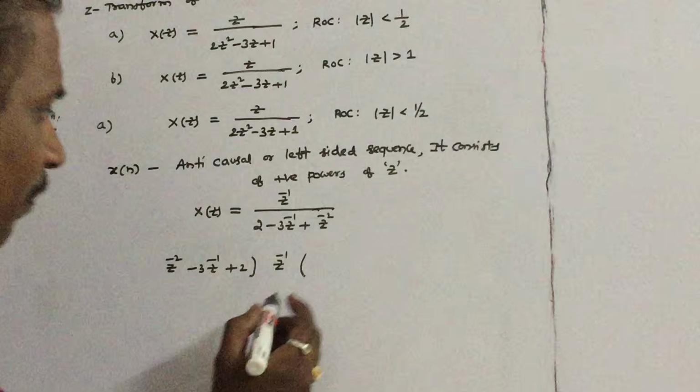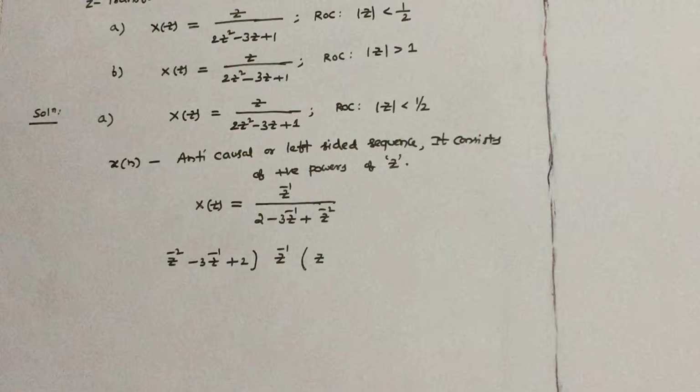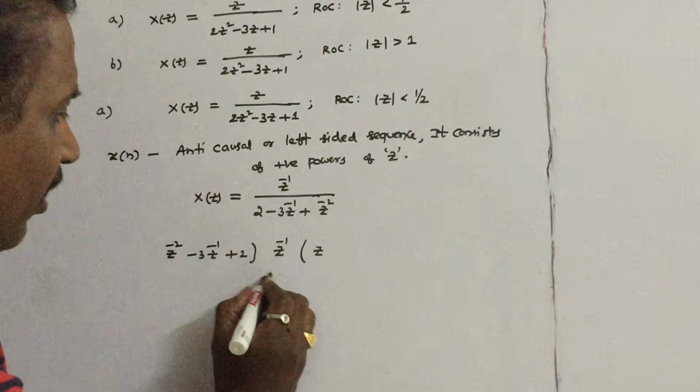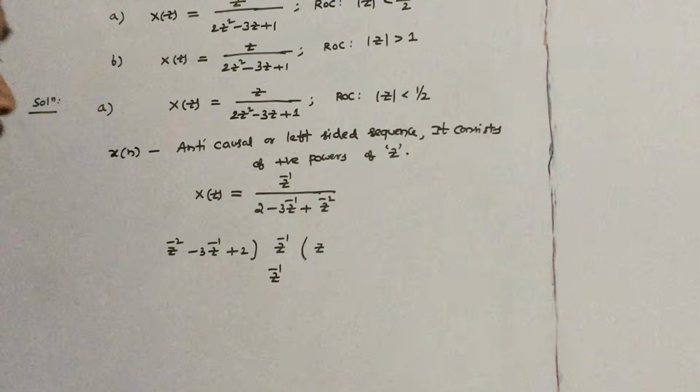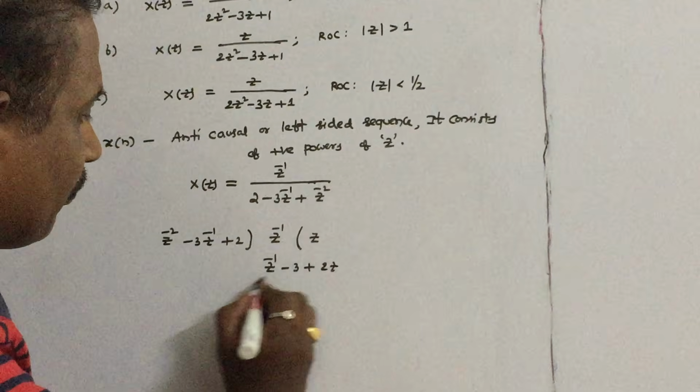So to get z power minus 2, z power minus 1 first multiply with z. So z power minus 2 into z will become z power minus 1. So minus 3 plus 2z.